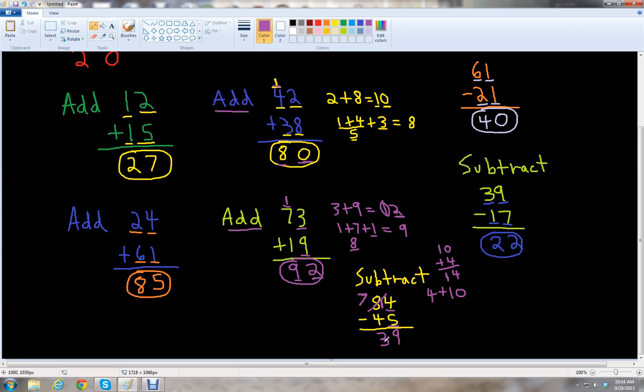And we get 39. So notice that after you borrow, you start again in the ones digits to subtract, because now the top number in the ones is larger than the ones digit on the bottom, so you can subtract those. And then you move on to the tens digits and subtract those to get 39.